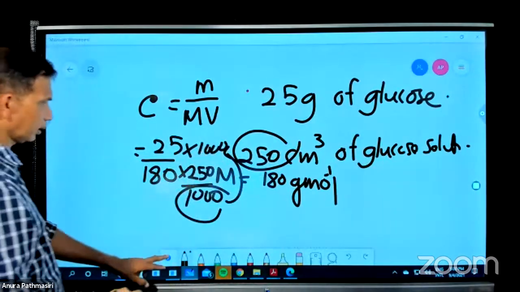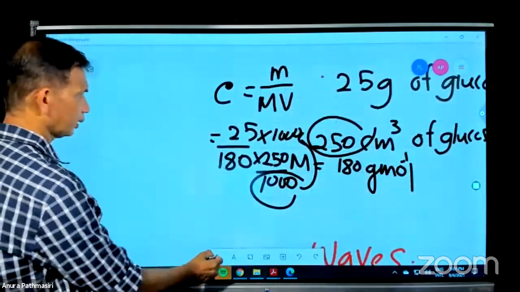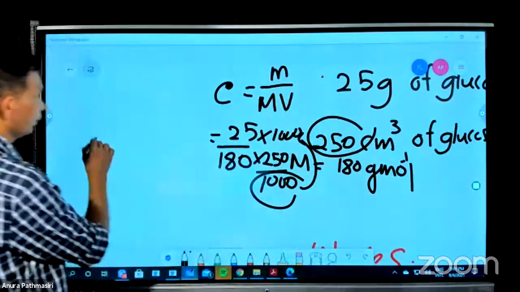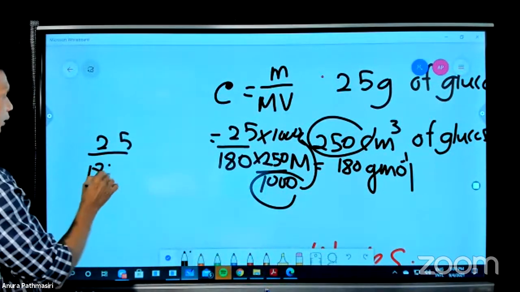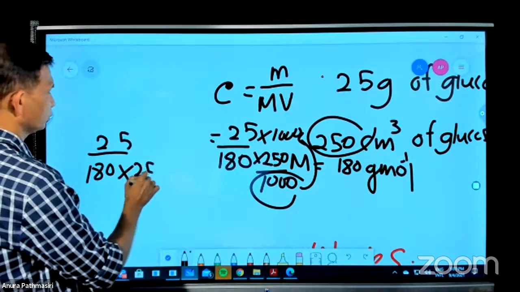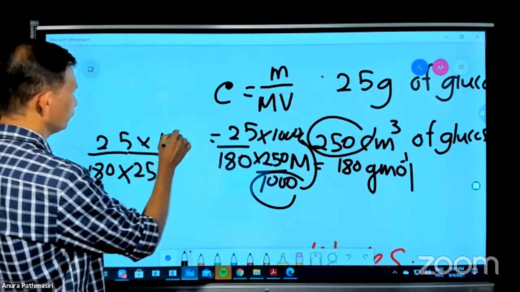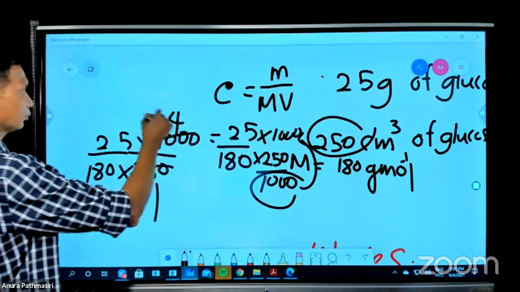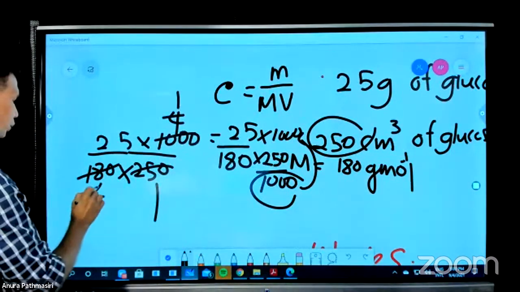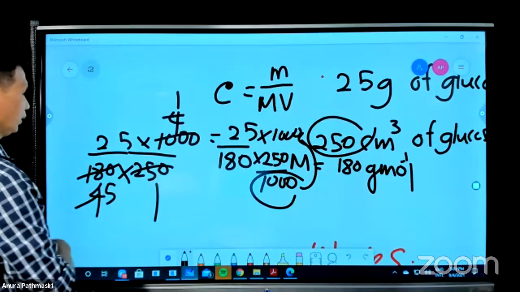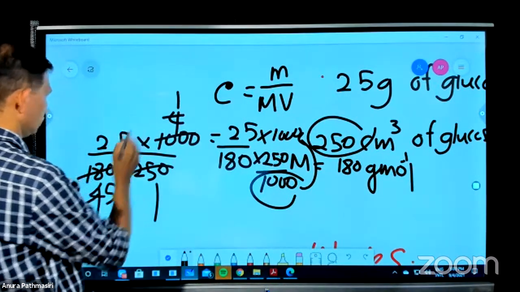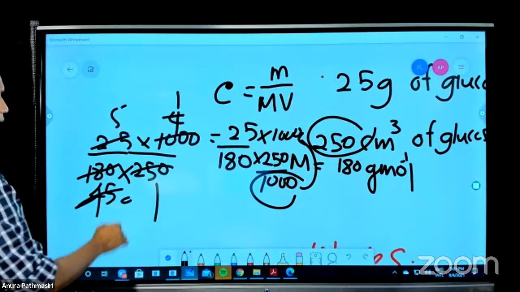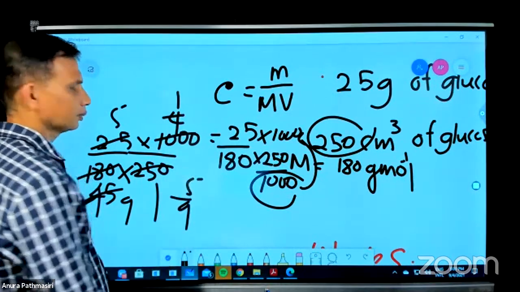So the answer is 25 upon 180 multiplied by 250 multiplied by 1000, which gives something like 5 upon 9.